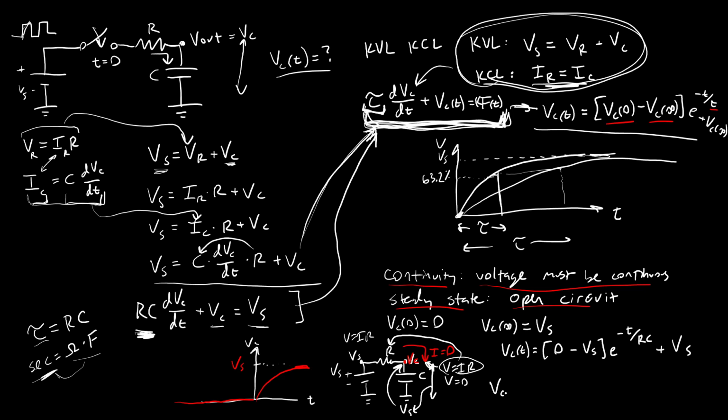You can do some algebra to rearrange that and write it as Vc of t equals negative Vs e to the negative t over RC plus Vs, and then rewrite that for the final form of the equation: Vs times 1 minus e to the negative t over tau, where again tau is equal to RC.